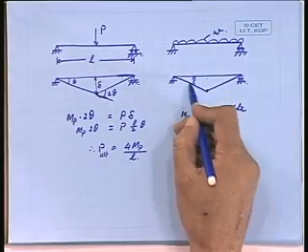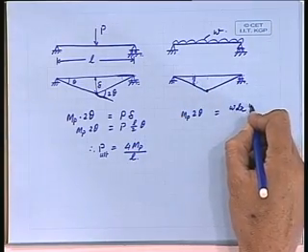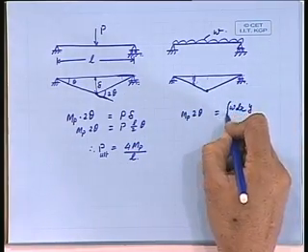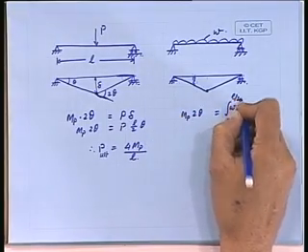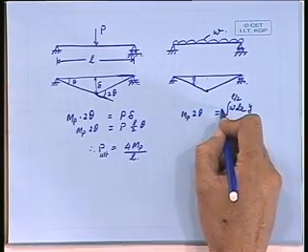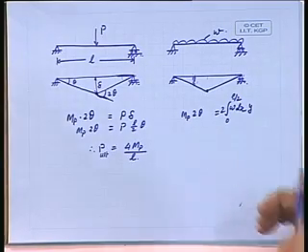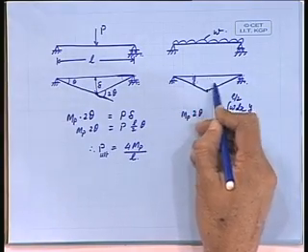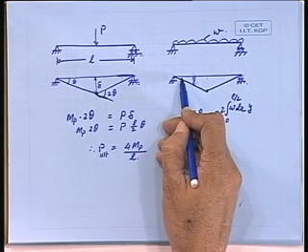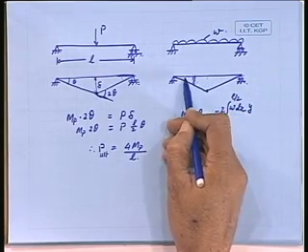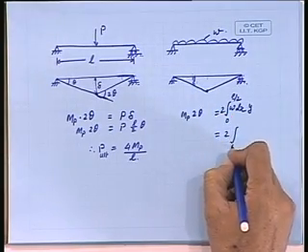So, W into dx, and if we consider this to be a displacement y, this is to be integrated from 0 to L by 2, and the same thing will hold good here, so multiply it by 2. Now, what is this y? y is equal to x theta.